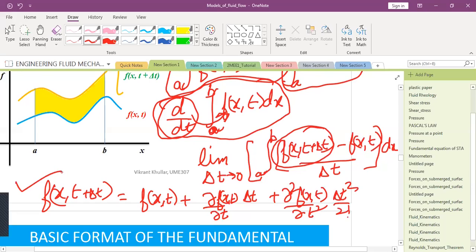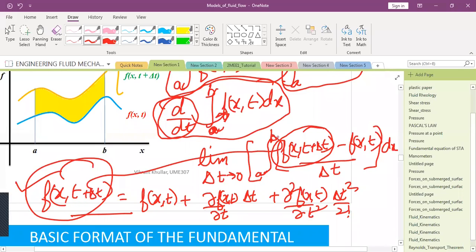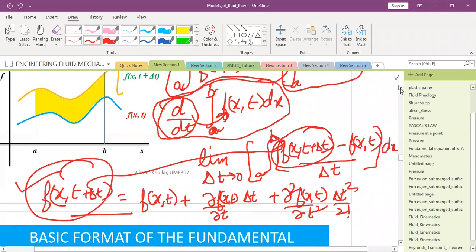Is this clear to everyone? Any doubts? So if you substitute this term here, what do you get finally?